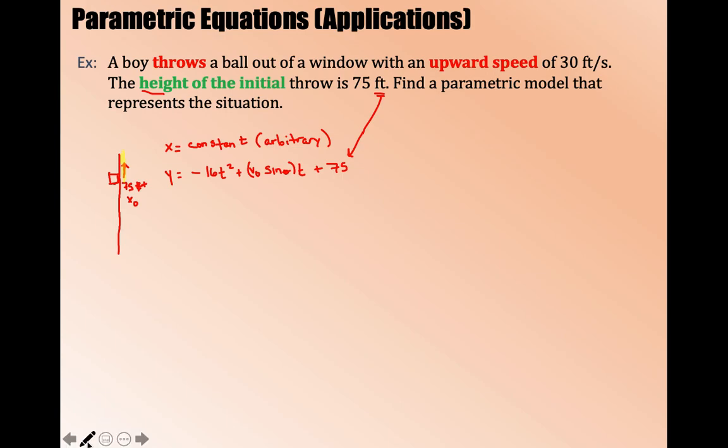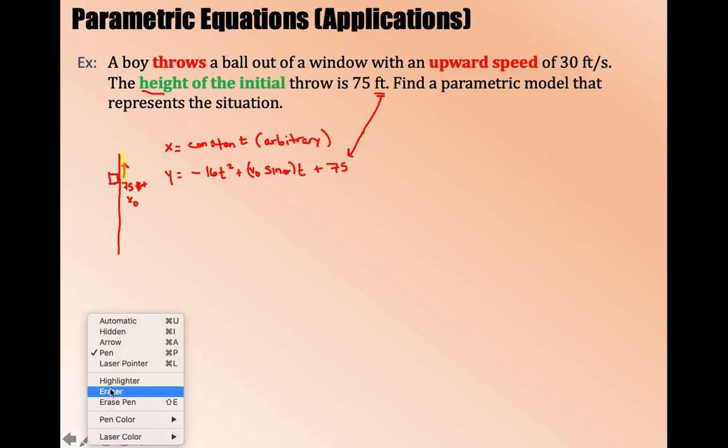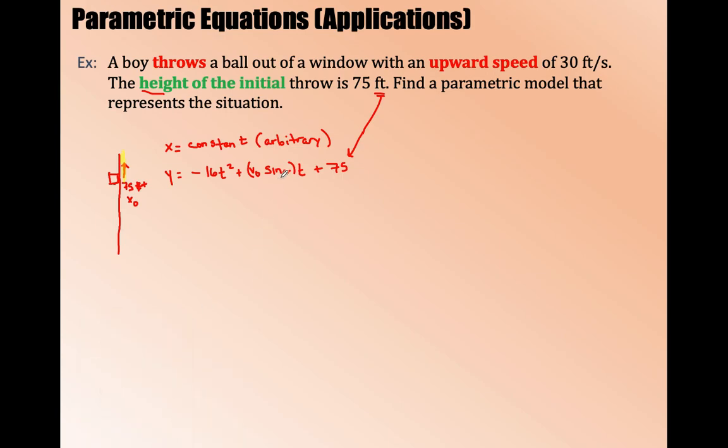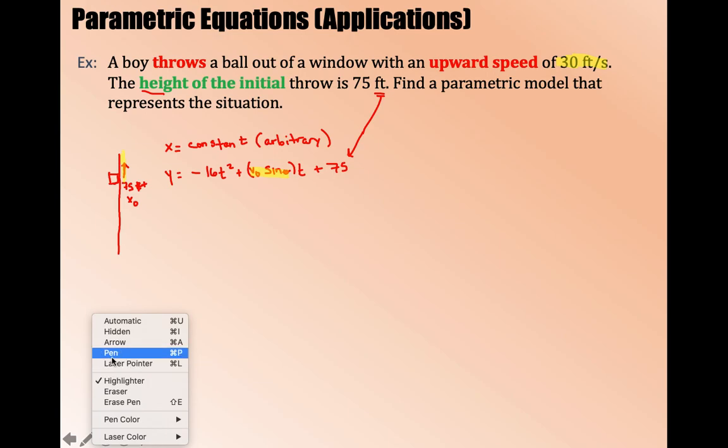But what's going on here? I think I have v sub 0. What do you think that is? And notice the units on it, feet per second. So I feel like I can put that in.